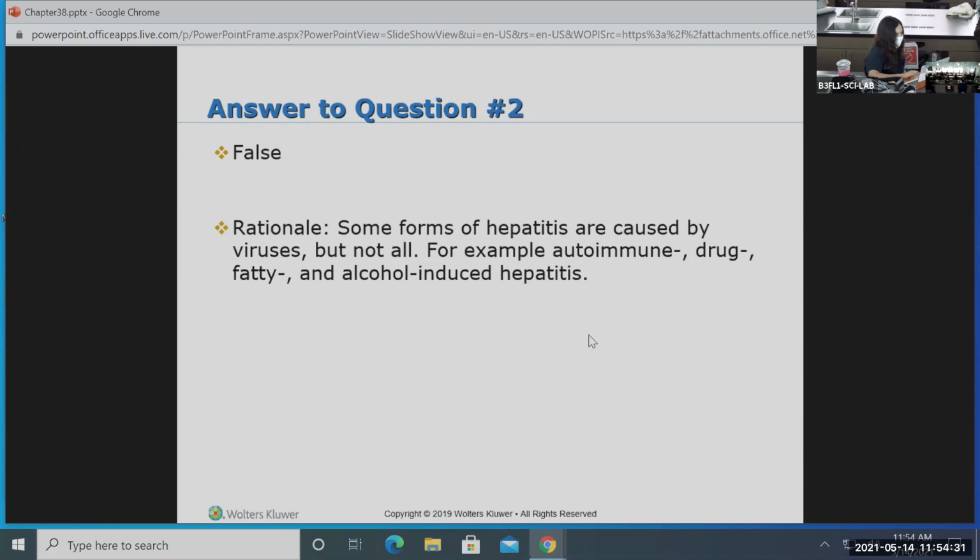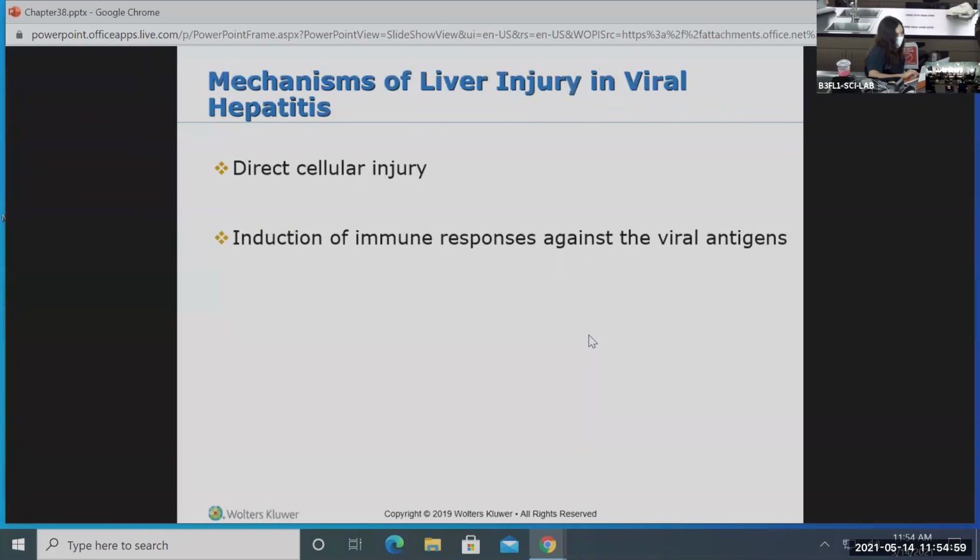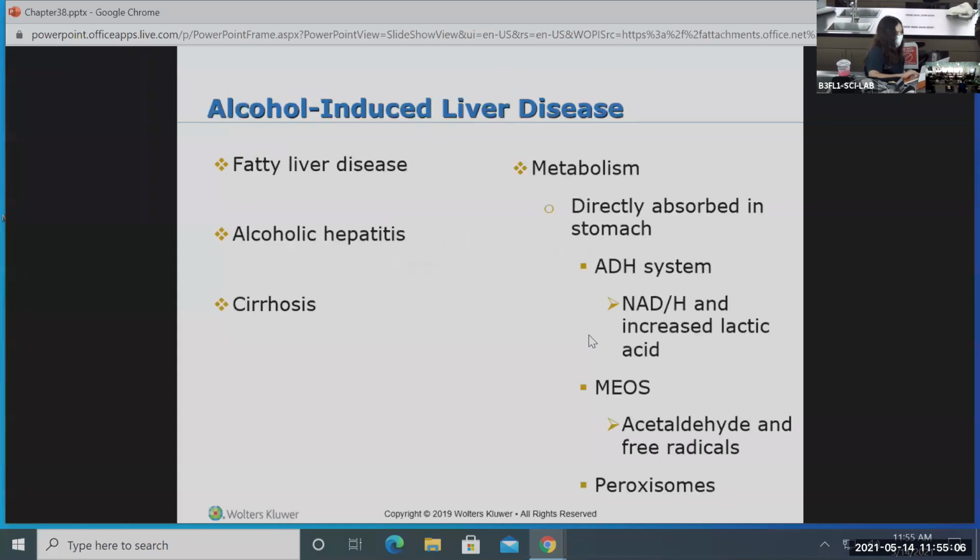Like autoimmune, like drug-induced, like fatty liver because of my fat or because of my alcohol. But overall, viral infection is a common cause of hepatitis. Sometimes it's drug-induced, sometimes dietary habit called fatty liver, or a drinking habit. It may cause direct cellular injury or induction of immune responses against the viral antigen.